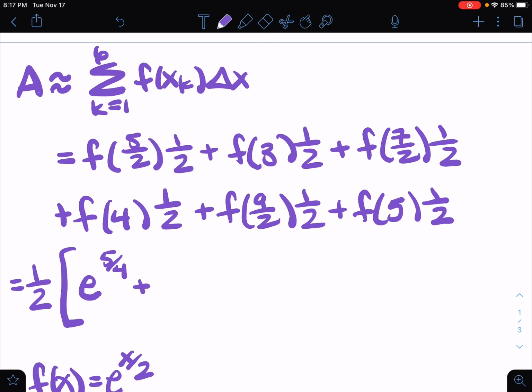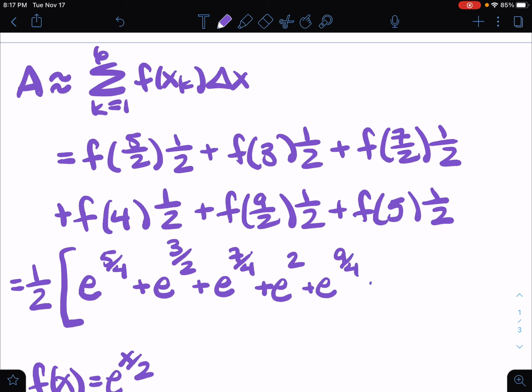Plus f of 3 is e to the 3 halves plus e to the 7 fourths plus e to the 4 halves, which is 2, plus e to the 9 fourths plus e to the 5 halves. There I've got my 1, 2, 3, 4, 5, 6 rectangle heights, all times the same width of 1/2. And that is our approximation.